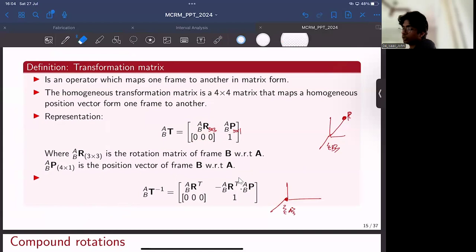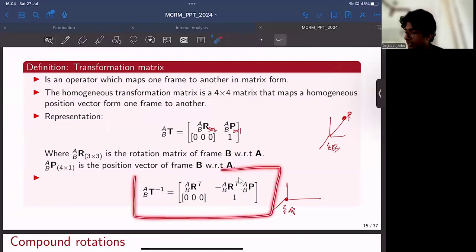And if you want the transformation from A to B, you can do the same thing by inverting this matrix. So the inverse of the transformation matrix is this one as depicted here.